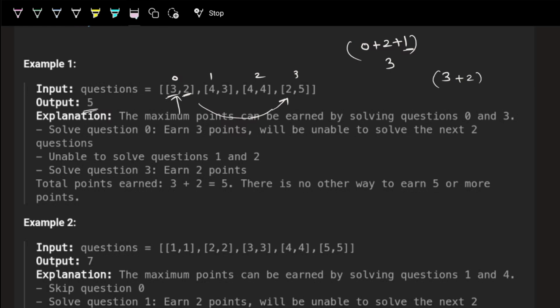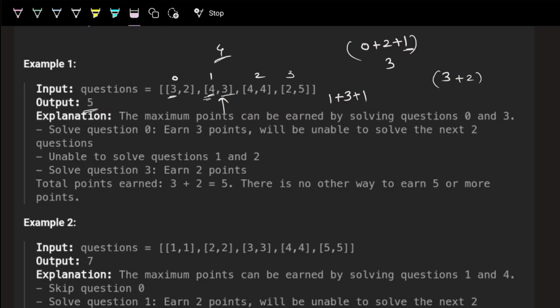If you try to solve it another way, not taking the 0th index, I can go here. Again I have the choice, take it or not, but I can see it is a 4, so let's take it. If I take the 4 at index 1, the brainpower is 3, so 1 plus 3 plus 1 is 5, so I will go beyond the array. That means I can achieve only 4 points by solving the first index question.